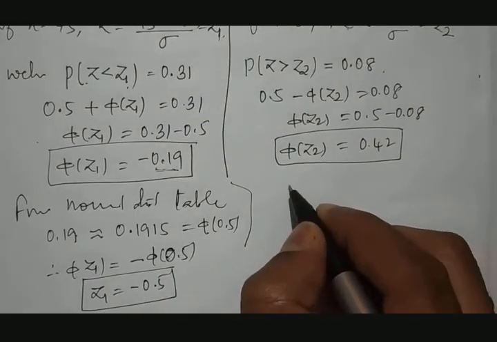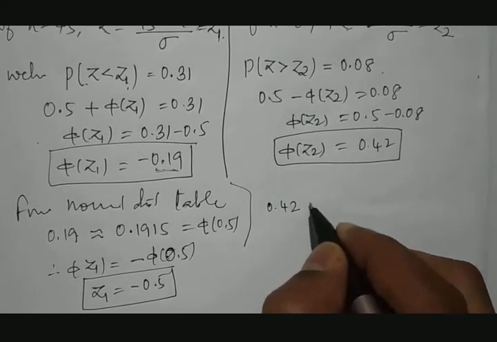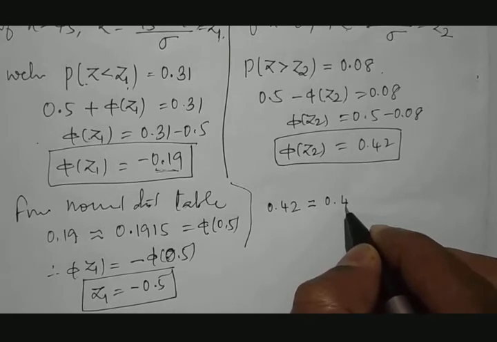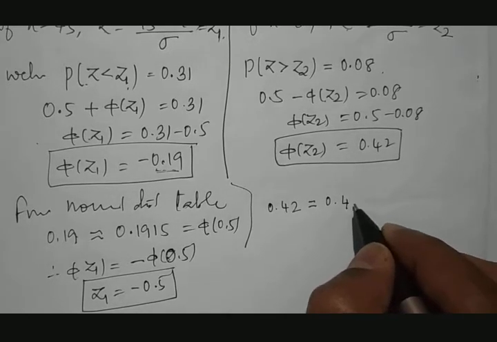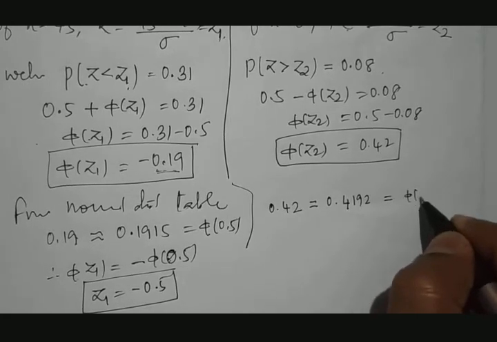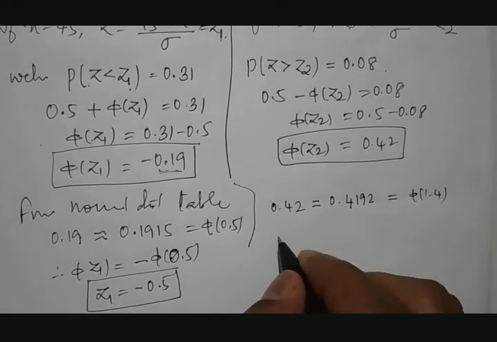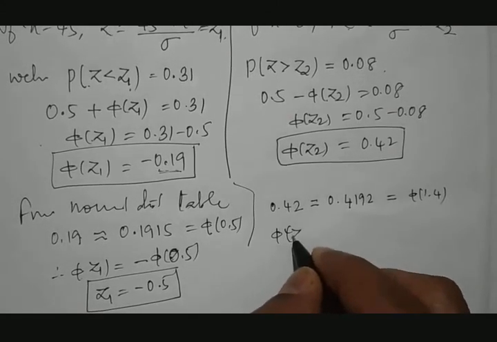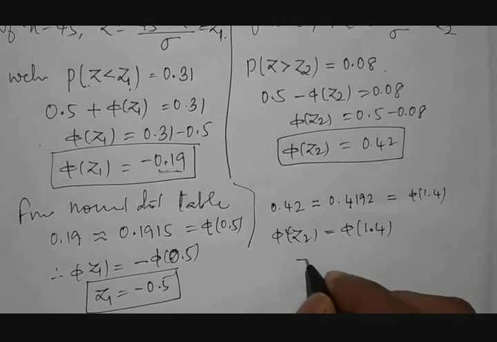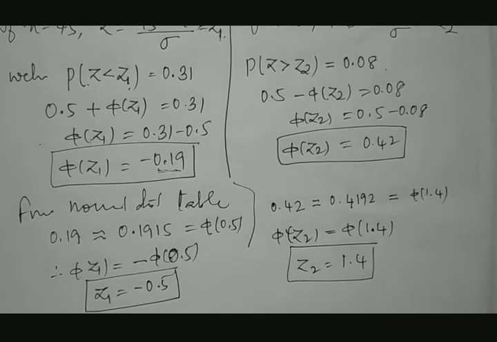Therefore, from this table, what number did I get? 0.4192. Fine. This comes for pi of 1.4. Therefore, pi of z2 is equal to pi of 1.4. Therefore, z2 is equal to 1.4. So we got z1 and z2.